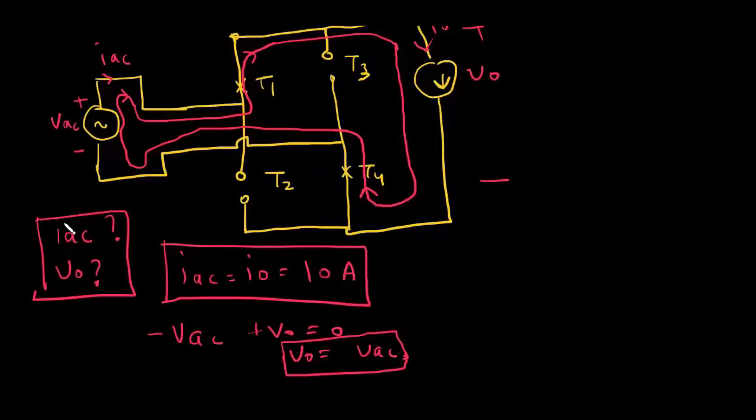Similarly, we have to find what IAC and V naught are when the other two thyristors are turned on, that is, T2 and T3 are conducting.